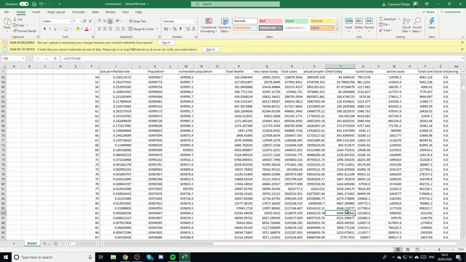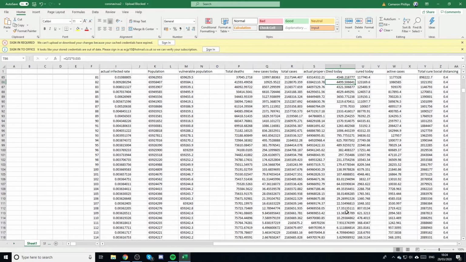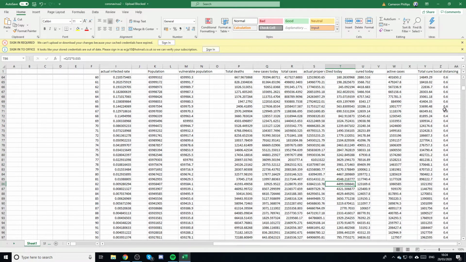And the peak deaths in a day are going to be about 4,500. And our total deaths are going to be about 75,000. If we can get our social isolating down, if we can really nail it, we still peak at 4,500.